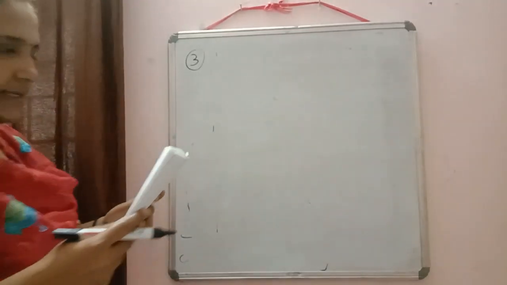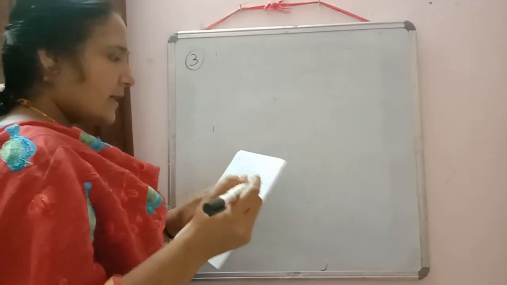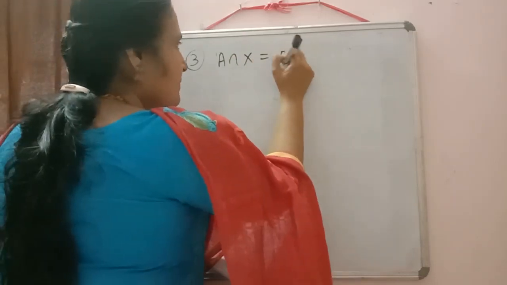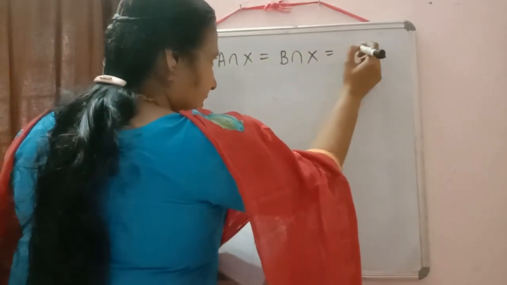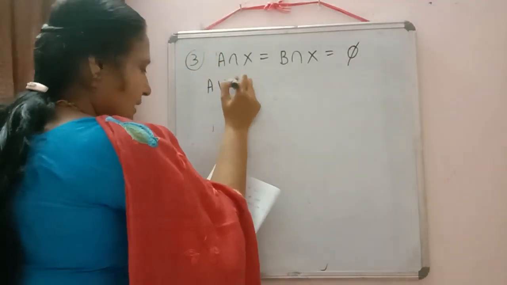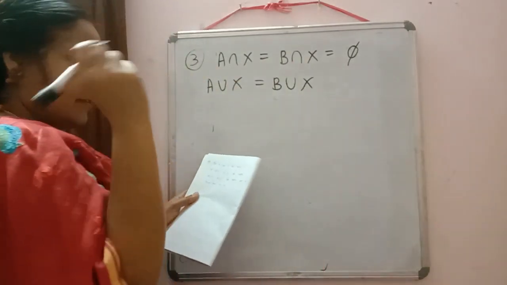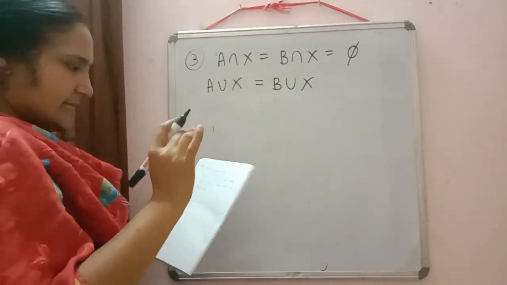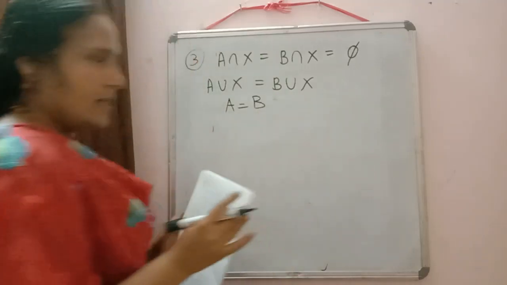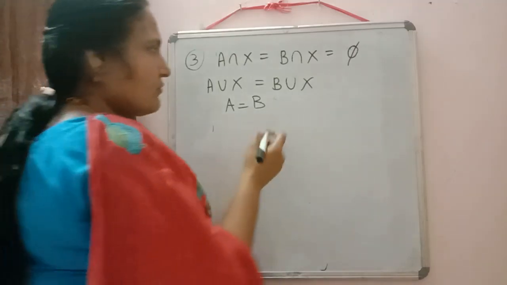In this question, it is given, let A and B be sets. If A intersection X equal to B intersection X equal to empty set, and A union X equal to B union X for some set X, where X is also a set, we have to prove A equal to B. Again, we have to prove set A equal to set B. So to prove it, what we will prove?